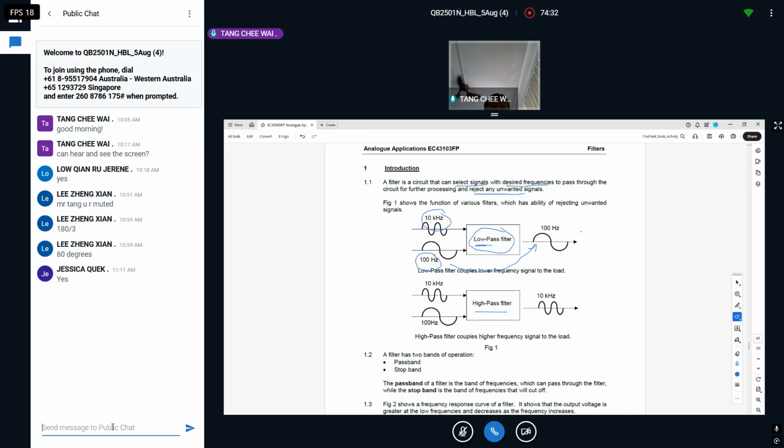So again, the same two frequencies are sent in at the input: one is 10 kHz, one is 100 Hz. But now, because it's a high pass, I will allow the 10 kHz to go through, and reject the 100 Hz, which is the low frequency. So in general, that is what the low pass or high pass filter does.